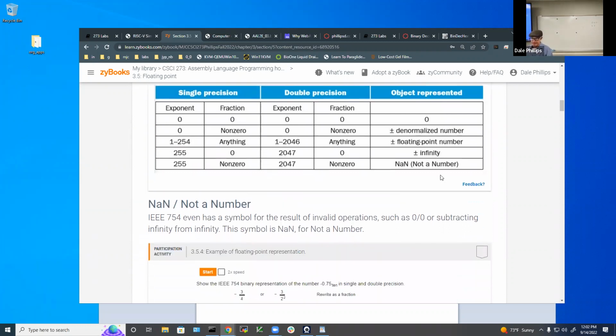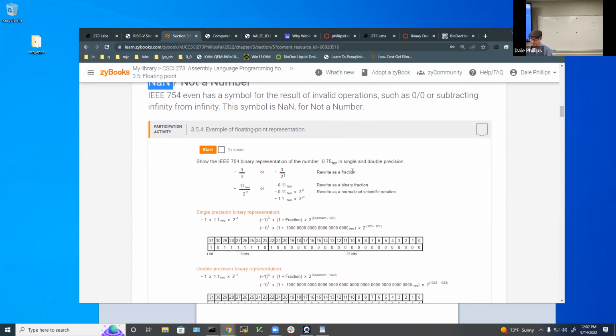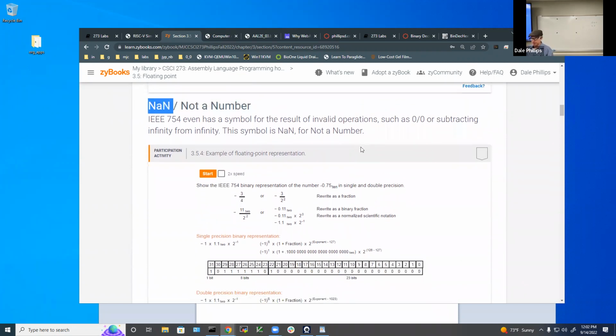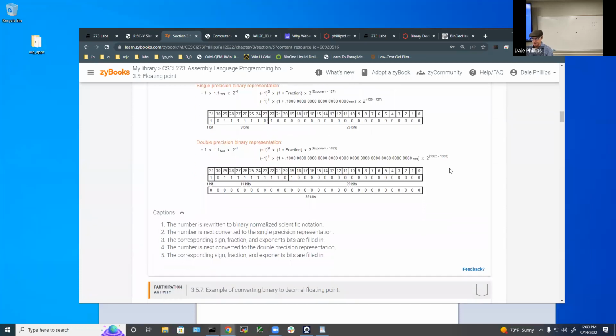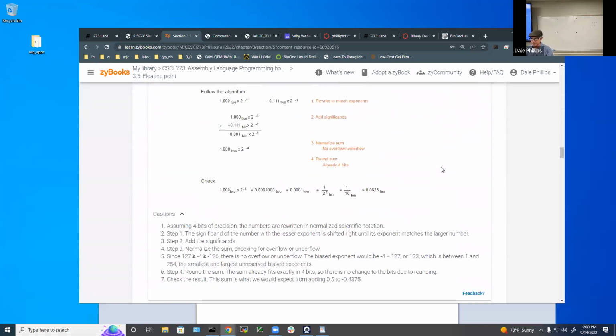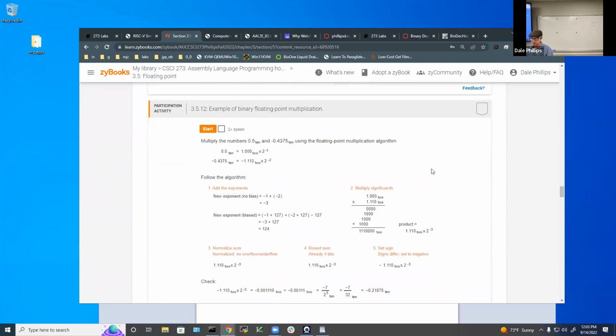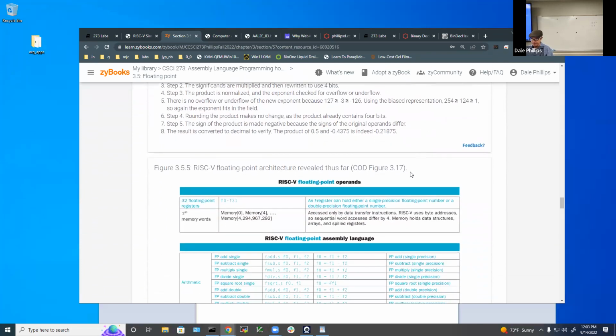Okay, and then you'll see this, especially in JavaScript, NaN, not a number. What happens is it shows you where these decimal floating points are. I'm not going to go into great detail on these. Just learn it, get it in your head, pass the quiz, and move on. Okay. All right.